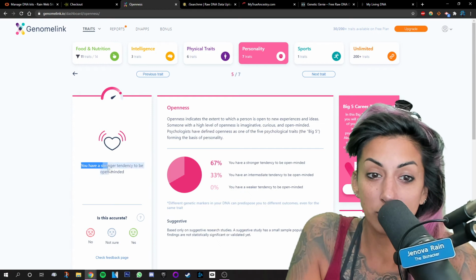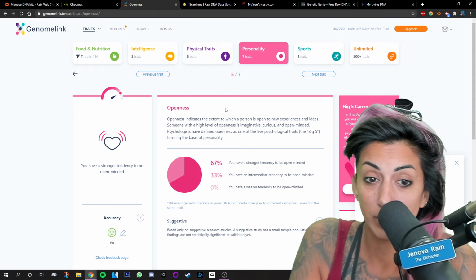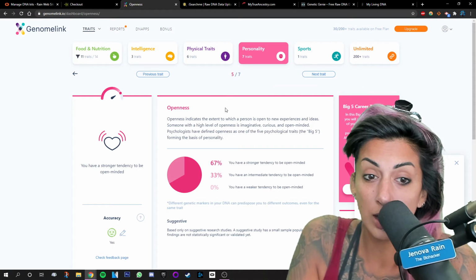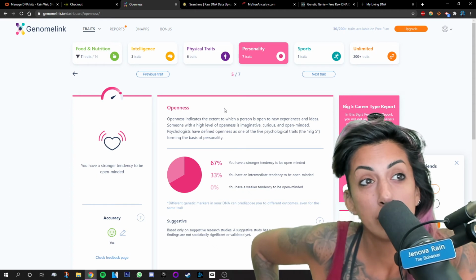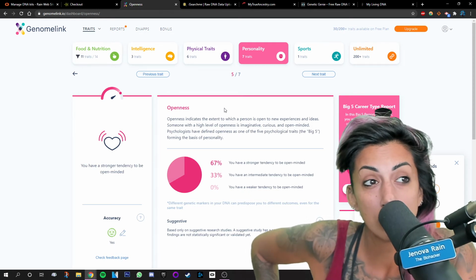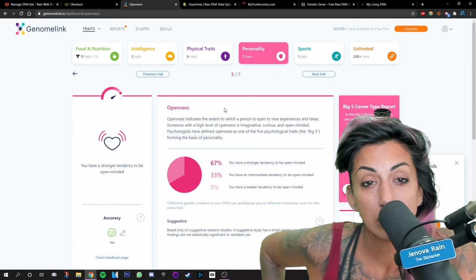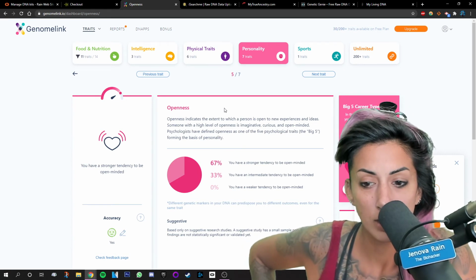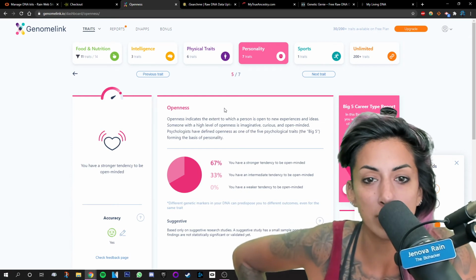Openness. You have a stronger tendency to be open-minded. Also, undeniably true. I'm pretty open-minded about just about anything, about any experiences. Always willing to try new things, always listening to what other people say, and not really having judgment about anything. I mean, my mum's Christian and my dad's Sikh. Super open-minded.